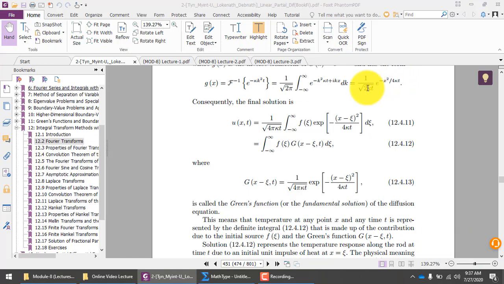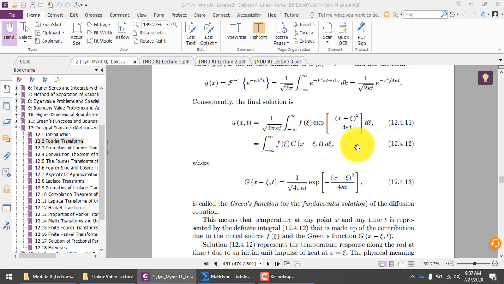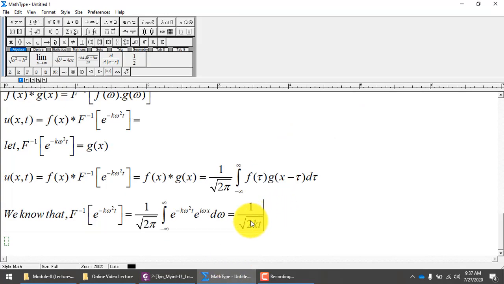Actually this k is used for the coefficient, so we should use k here, not omega, and the other k is not there, because omega becomes x square. So the ultimate answer will be 1 over square root 2 k t, exponential of minus x square over 4 k t.